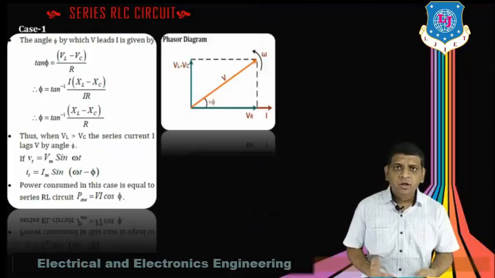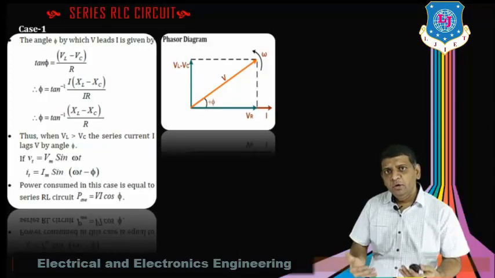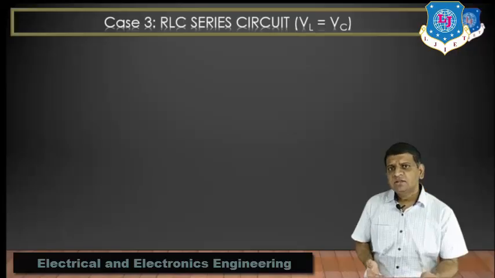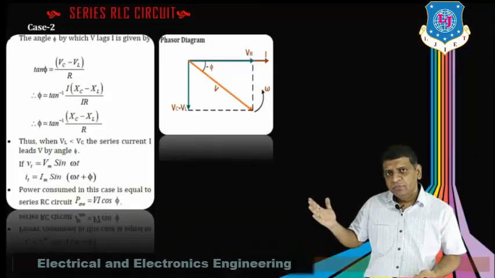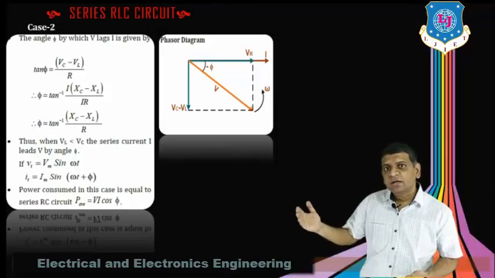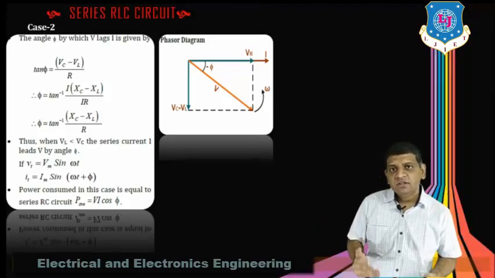Now if you check about the axis component, it is VL minus VC, and from that you are able to find the angle phi. Right, now if you define case number 2, you can see the phasor diagram where on the negative y axis you can see the vector VC minus VL and the resultant angle which is minus phi.